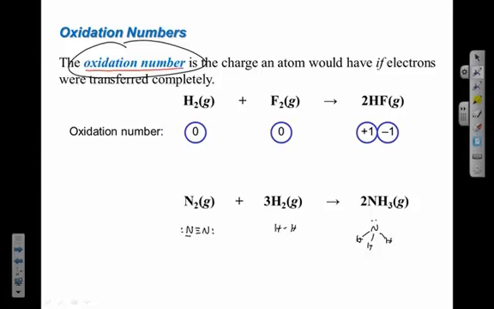So the nitrogens have the same electronegativity, so they'll split their electrons evenly. So do the hydrogens, they'll split their electrons evenly. But on the product side, the nitrogen's electronegativity is greater than hydrogen. So the nitrogen is going to grab all the electrons from all the hydrogens, and the hydrogens will be without them.